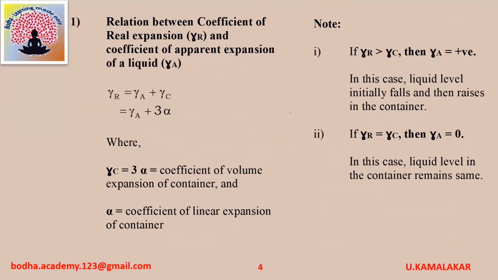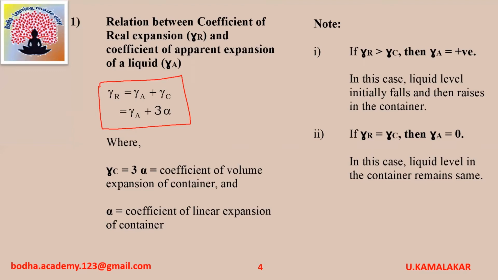Next topic. Relation between coefficient of real expansion and coefficient of apparent expansion. It is given as gamma R is equal to gamma A plus gamma C, or gamma R is equal to gamma A plus 3 alpha, where gamma C is coefficient of volume expansion of container and alpha is coefficient of linear expansion of container.